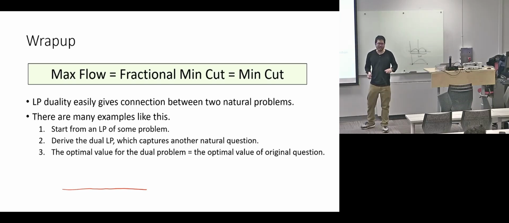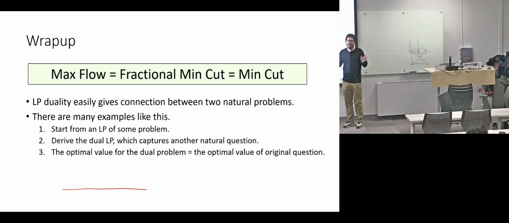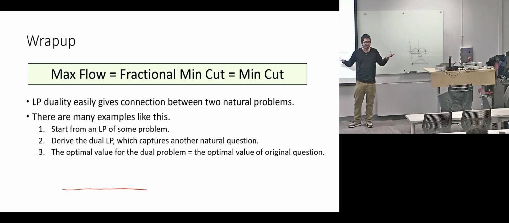Whenever you come up with any problem that can be captured with LP, you can look at the dual and interpret that dual. What is this problem? And now you get some connection between two very different problems. And if it's the case, like min cut here, where the fractional value and the integral value are the same, then you get a new theorem. That's it. There are so many proofs like this in the literature.